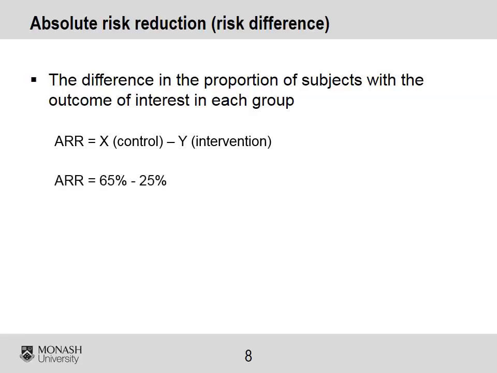Keeping the same numbers, 65% of our people in the placebo group had a stroke, minus 25% of those in the statin group, so we get an absolute risk reduction of 40%, or simply a difference of 40% between the number of people having a stroke between the two groups. Again, it's really just another way in which you can communicate the measures of effect.